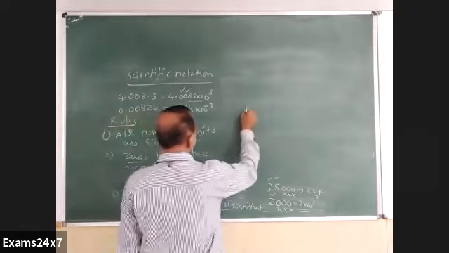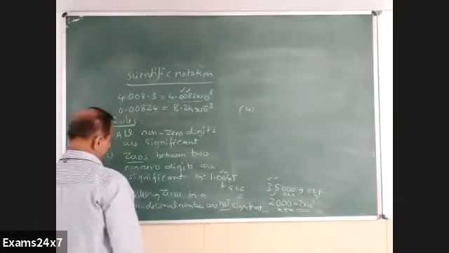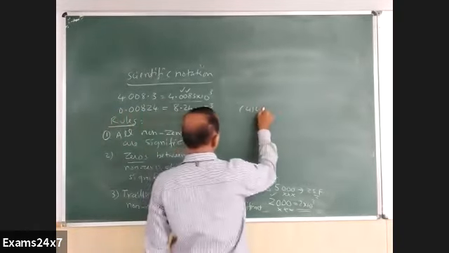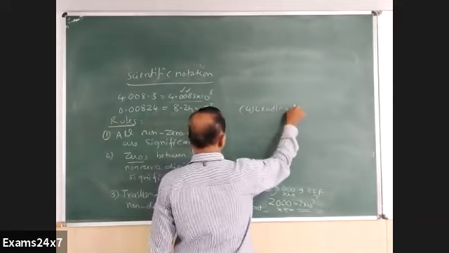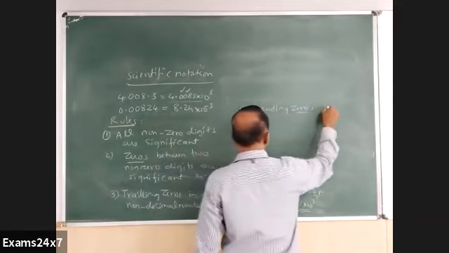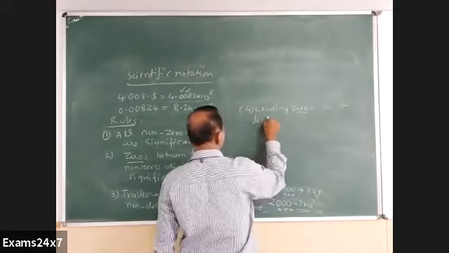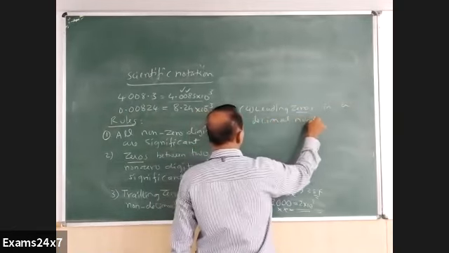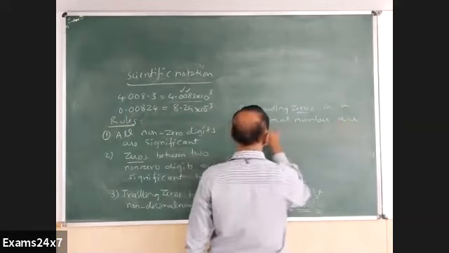Rule number 4. Leading zeros in a decimal number are not significant.